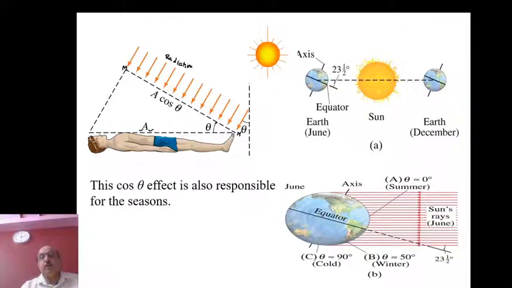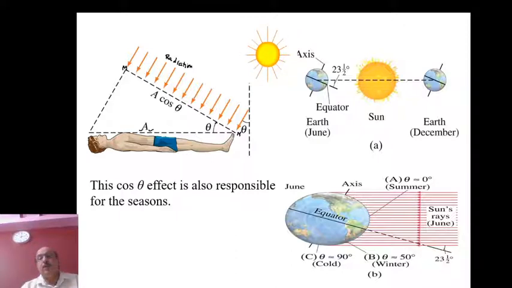In the next figure, we are taking the month of June. The angle of inclination of Earth through its axis is 23 degrees. Then summer comes when theta is equal to 0, because cos 0 is 1.